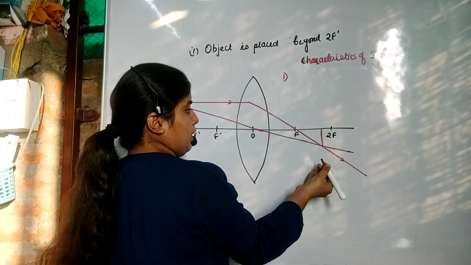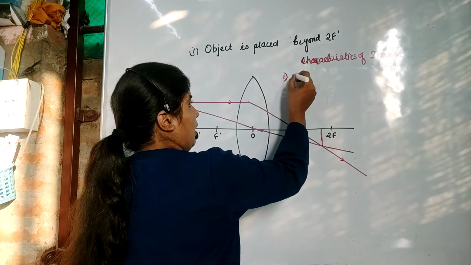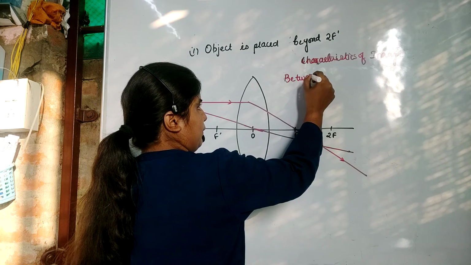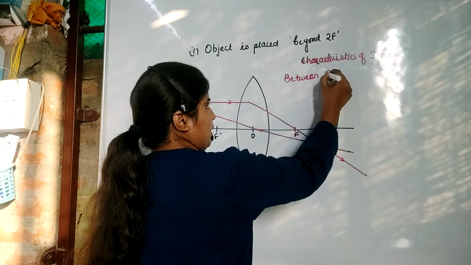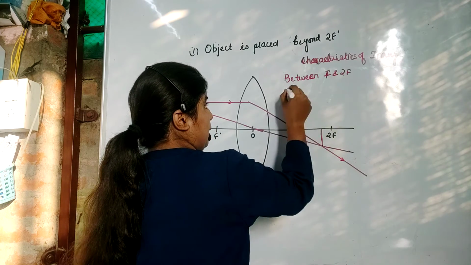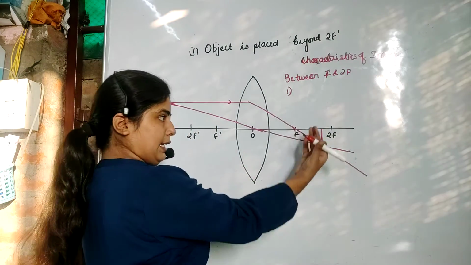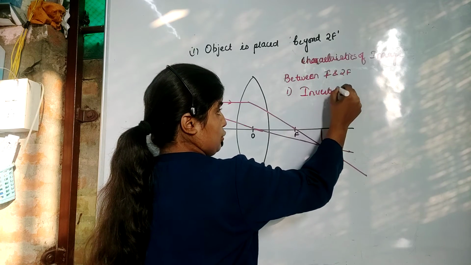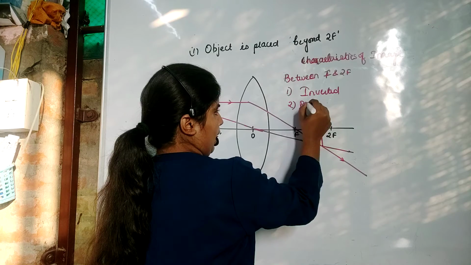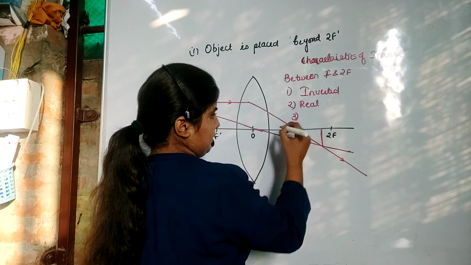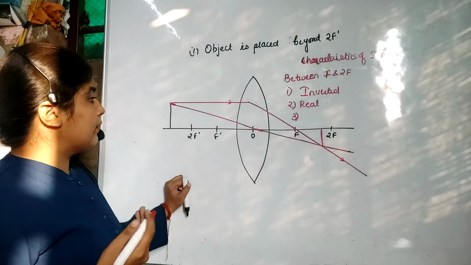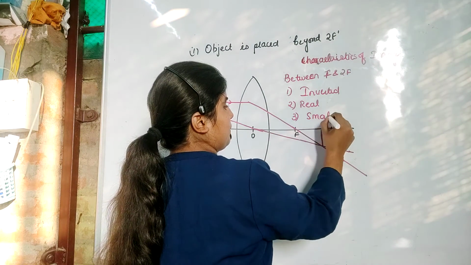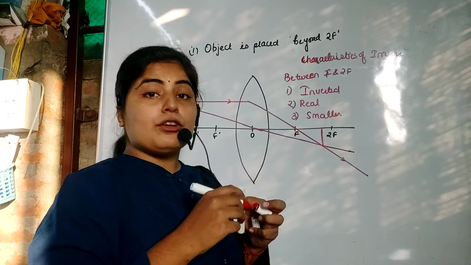It is formed between 2F and F. The image which is formed is inverted, and it is also real in nature. It is between F and 2F, and it is smaller in size as compared to the object.